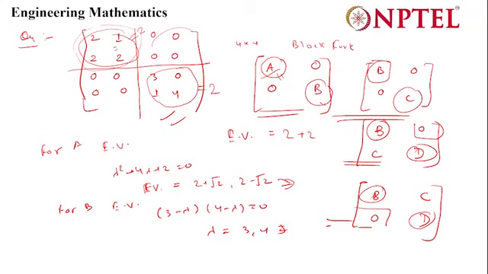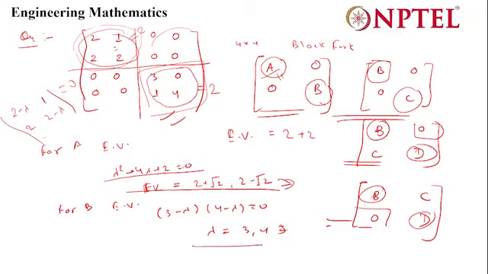If you do 2 minus lambda, 1, 2, 2 minus lambda is equal to 0, this will be your characteristic equation for this section, right? If you solve this equation, these eigenvalues come. Then for B also you do the same thing and the eigenvalues will be 3, 4. So the eigenvalues of this matrix will be these two and these two.